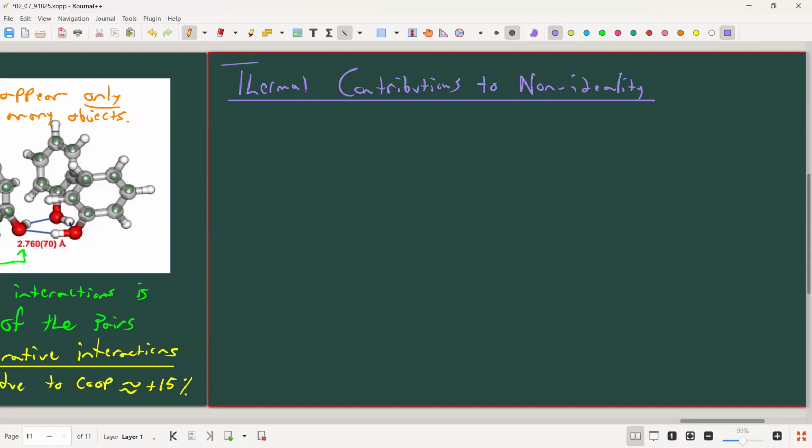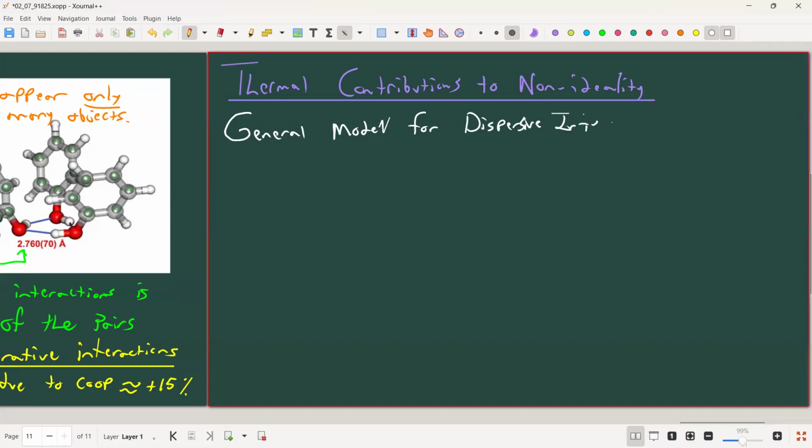So this allows me to introduce a new, really simple model that allows us to think of an interaction as a function, just to do a little bit of algebra. So something we can plot. So we'll look at a general model for dispersive interactions.